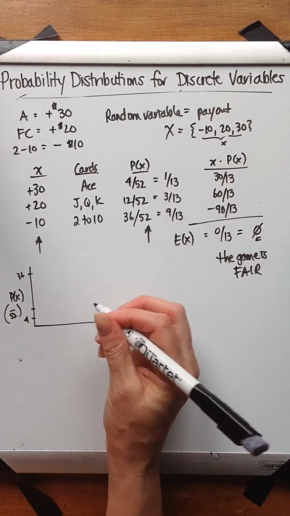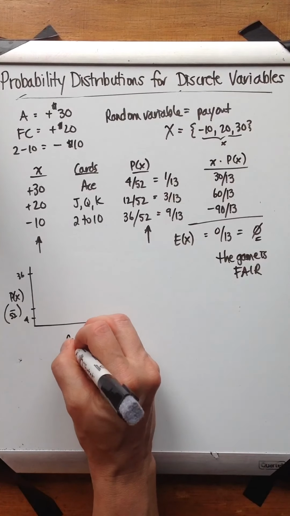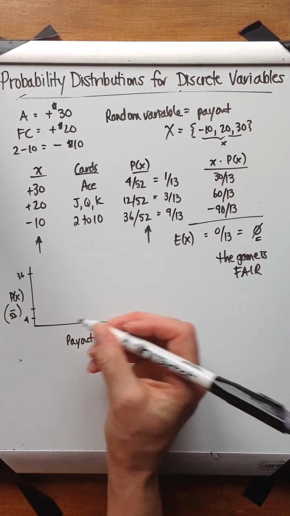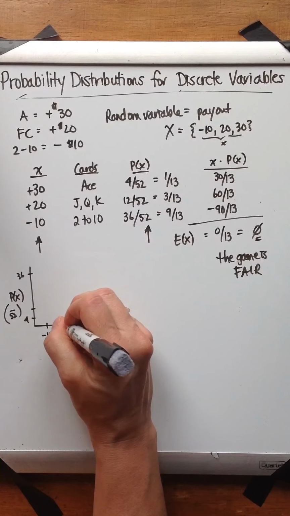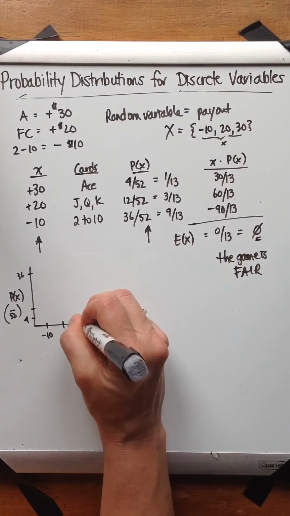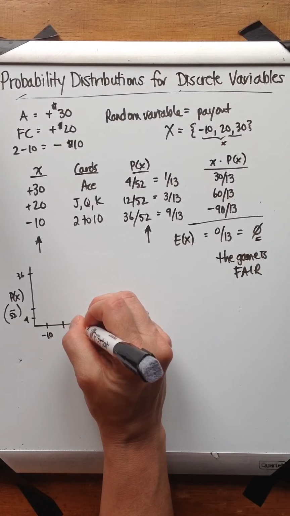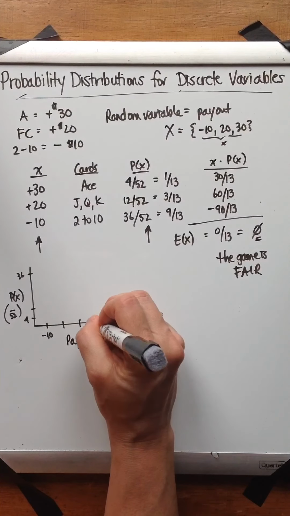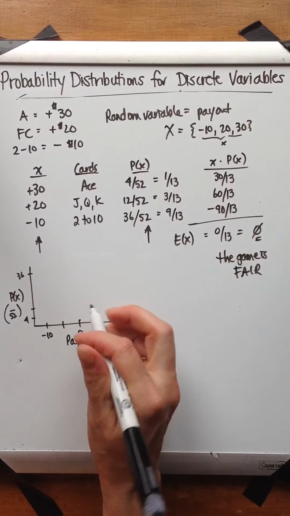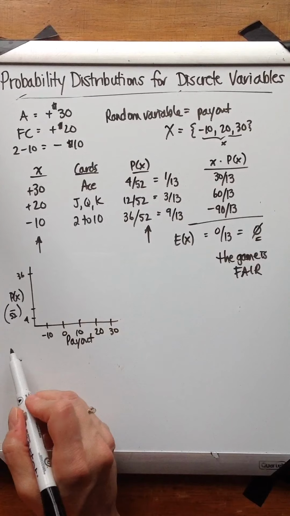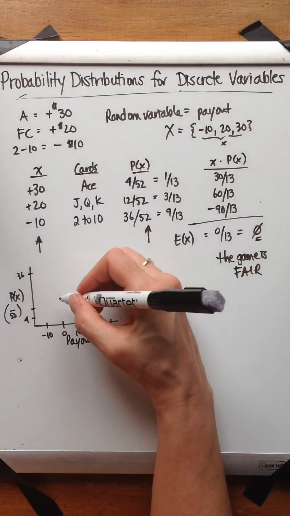The payout, which is our random variable x here, has 3 possible values. It has negative 10, it doesn't have a 0, but it does have a 10, but it does have a 20, and it does have a 30. Whoops, 10 there. So I could graph negative 10 at 9/13.